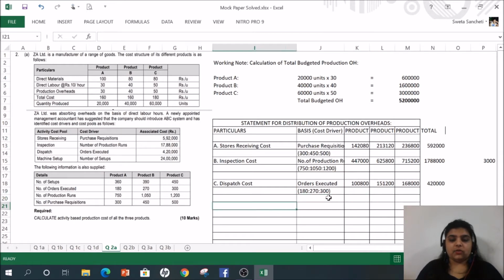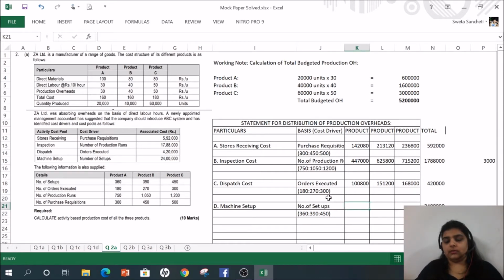Now we have the last cost, that is the machine setup. It is on the basis of number of setups. Number of setups given to us as 360 is to 390 is to 450, and the total is 1200, and the total cost is 24 lakhs.